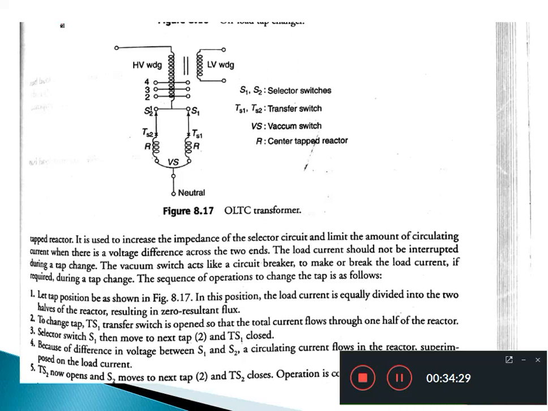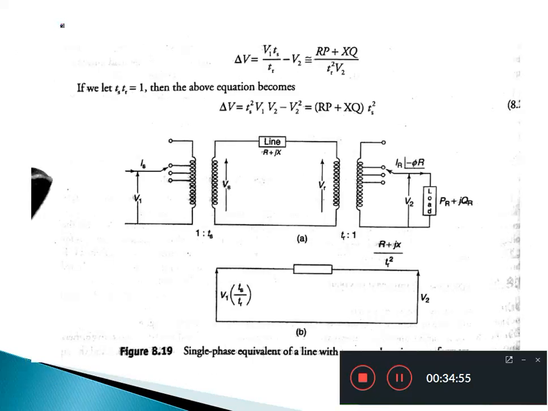OLTC means on-load tap changing transformers. Based on the load, during the loading condition also, we need to change the position of the tap of the transformers. If you control the voltage, you have to change the tap level. That is the brief discussion of OLTC to control the voltage level during reactive power injection.